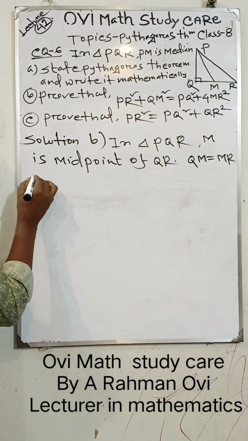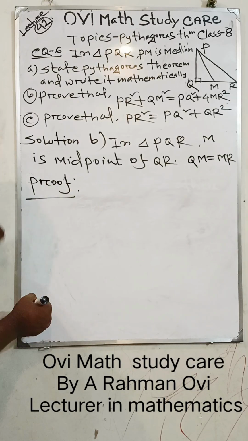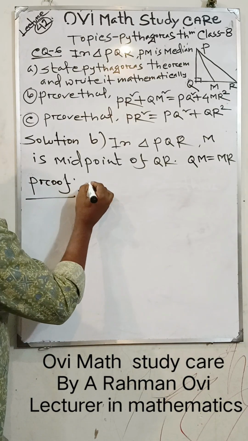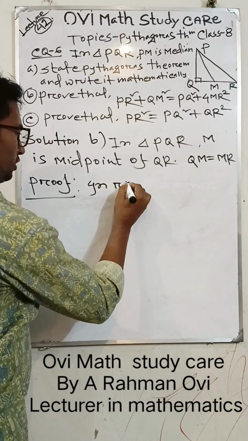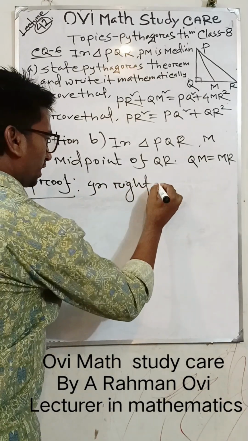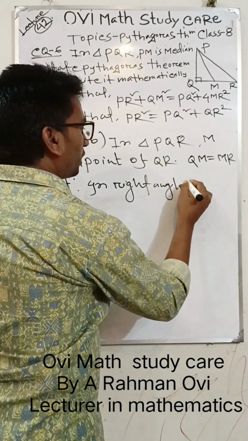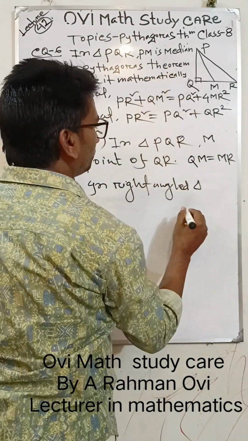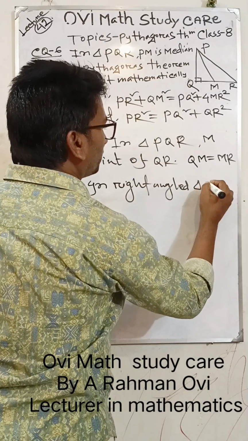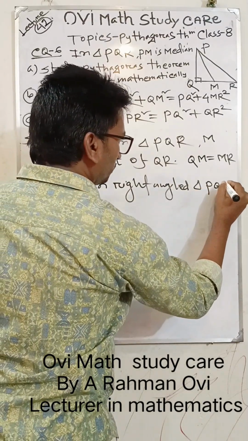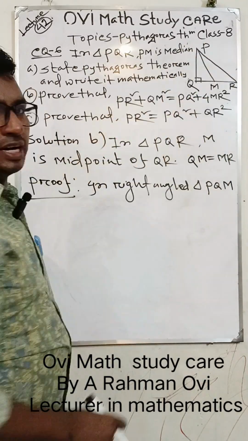Prove. In right angle triangle PQM, PQM is a right angle triangle.